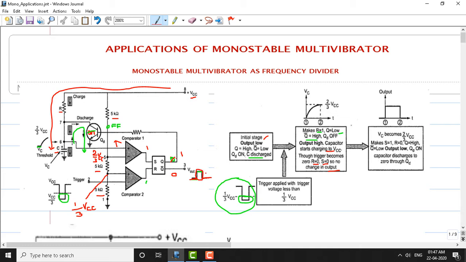The reason for calling it quasi-stable is that it is a temporary state. As long as the capacitor keeps charging, it will remain in the high state. Once the capacitor crosses 2/3 VCC, the output returns to the normal or stable state.